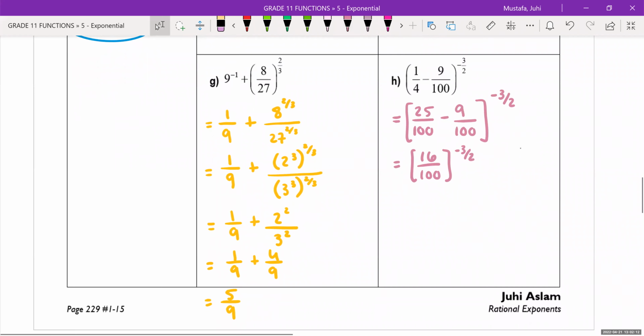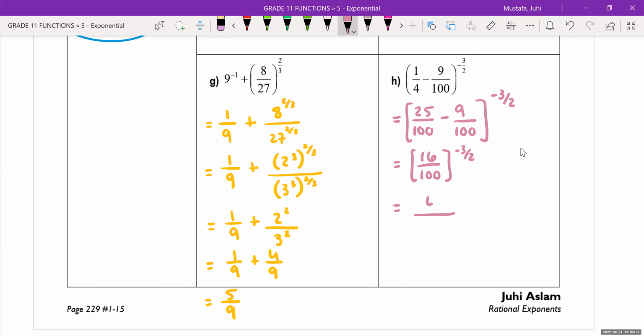Now, what you could do is reduce the fraction inside. Some of you might have done that, but I recognize that I can actually change 16 and 100 to give me a power, right? So maybe I'll just do that. I'm going to change 16 to 4 squared, and I'm going to change 100 to 10 squared.